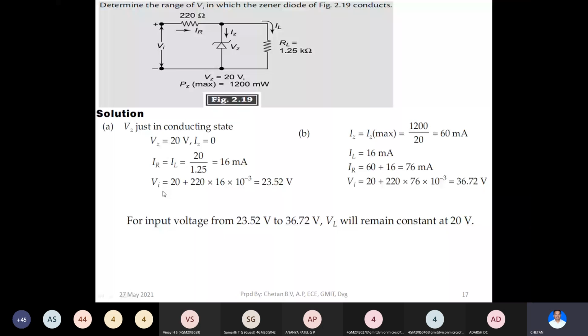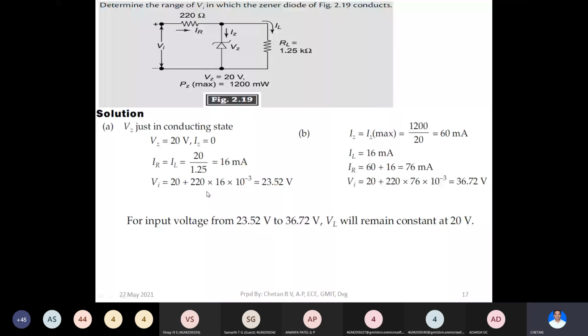As this is conducting, the voltage across this, in turn the voltage across this, would be 20, right? So 20 plus the potential difference across this. We have found out IR. Multiply IR with the 220. So 220 multiplied with the IR value, you will get the minimum value of Vi as 23.52 volt.